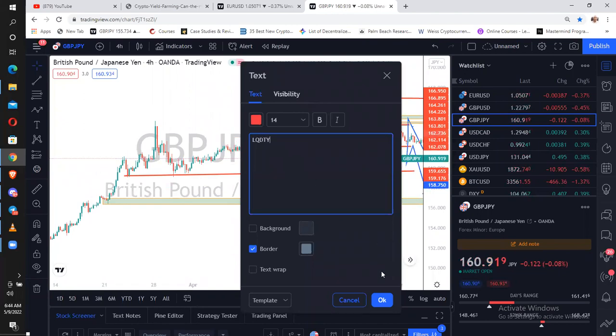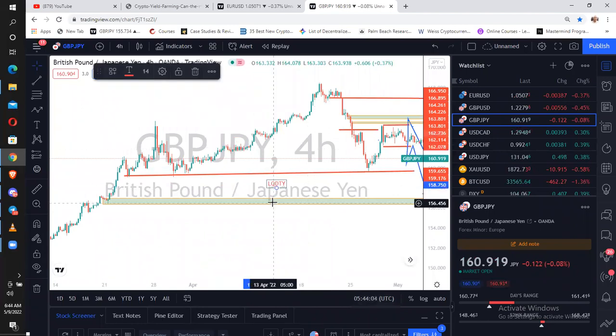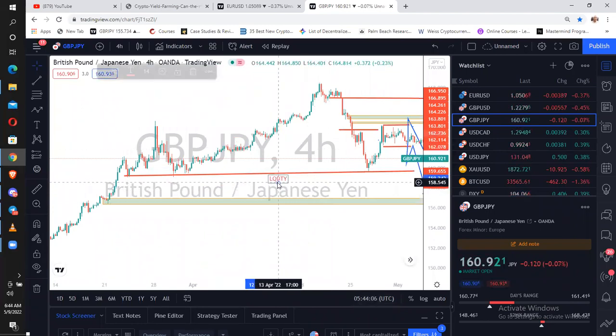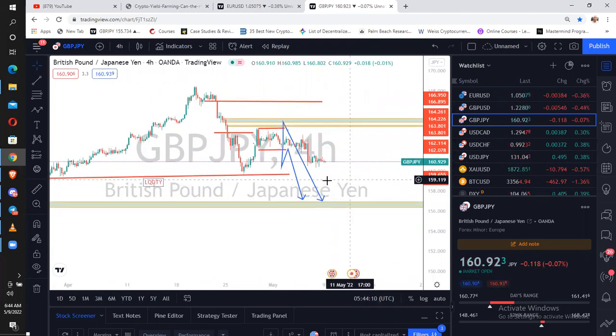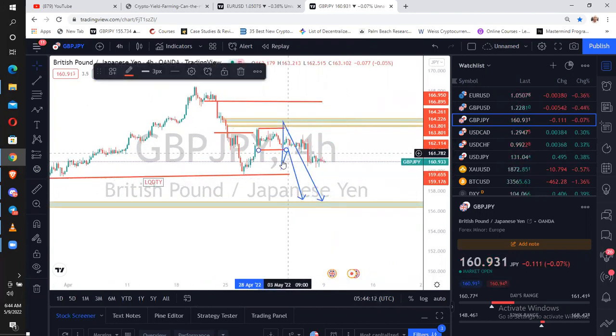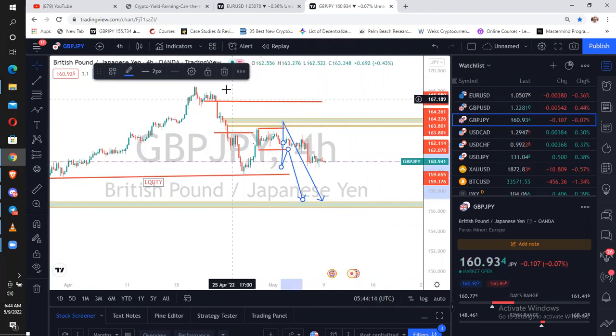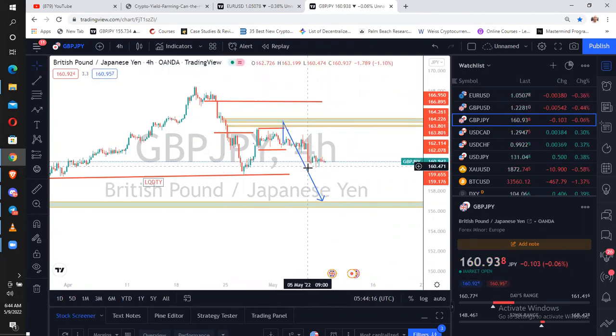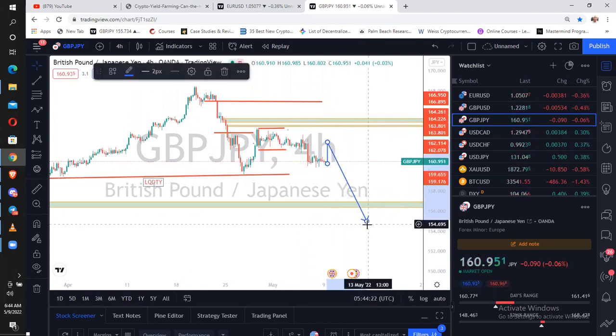I'll be fast. So we'll have liquidity here. So our buyer still continues. I still want to see them do this exactly as analyzed. I still want to have this movement down here as analyzed.